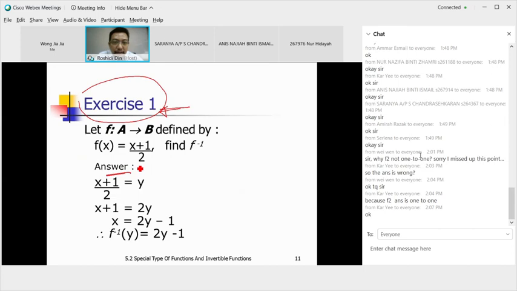Firstly, we put this X as a Y. If you change the position, the 2 goes to here, it will be 2 times Y. Here X plus 1, put this 1 to here, negative 1. So the final answer is that the inverse function for X is 2X minus 1. That's the answer.